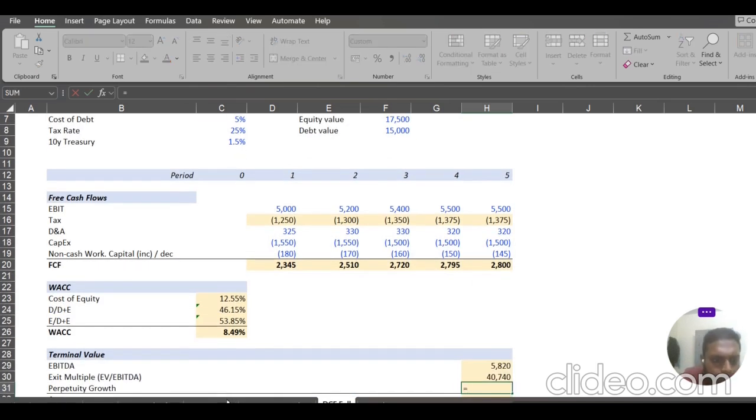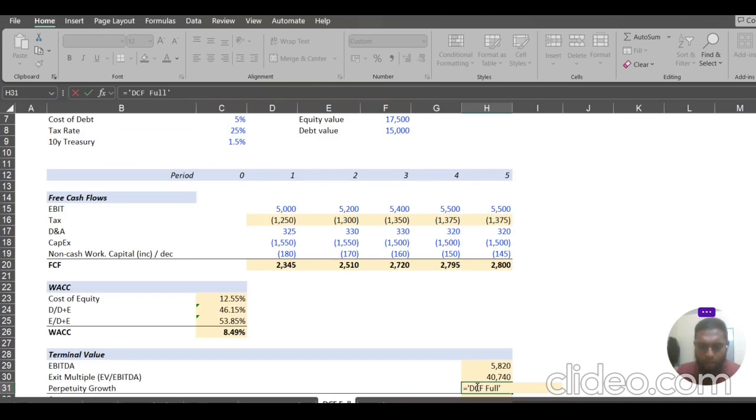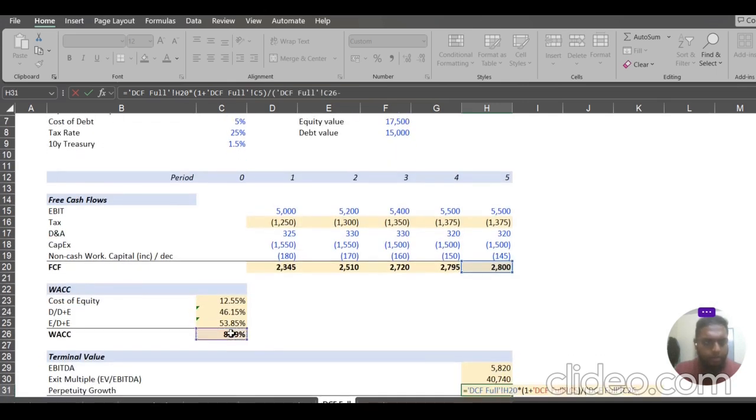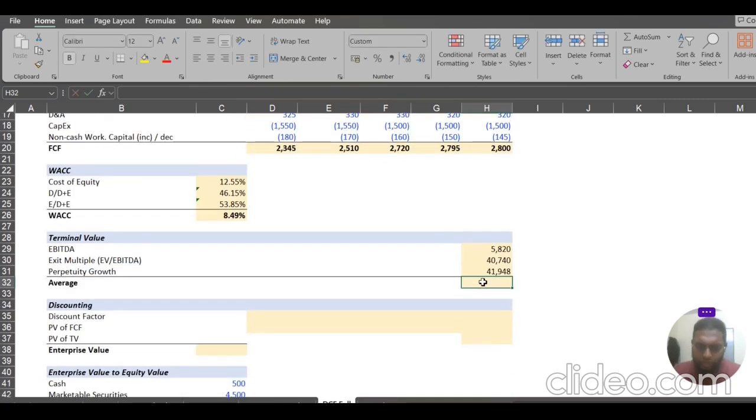Perpetuity growth in terminal value, basically it is free cash flow of the nth year, this is the 5th year, into 1 plus growth rate divided by WACC minus growth rate. Okay, we'll take the average of both the ones.